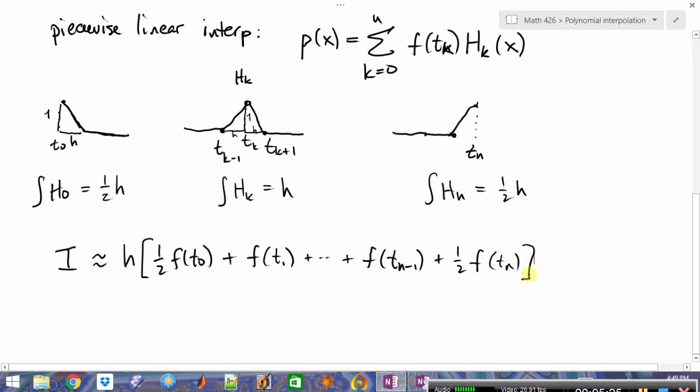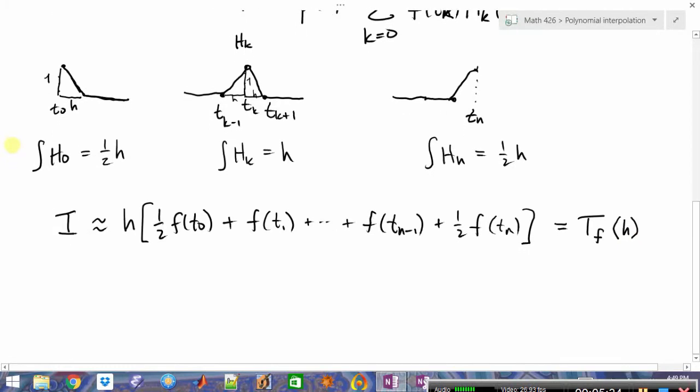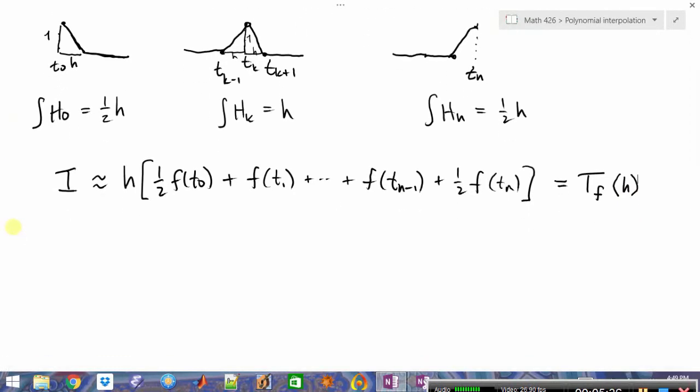We're going to call this T sub f, depending on f, as a function of the step size h. This is known as the trapezoid rule, or the trapezoid formula.